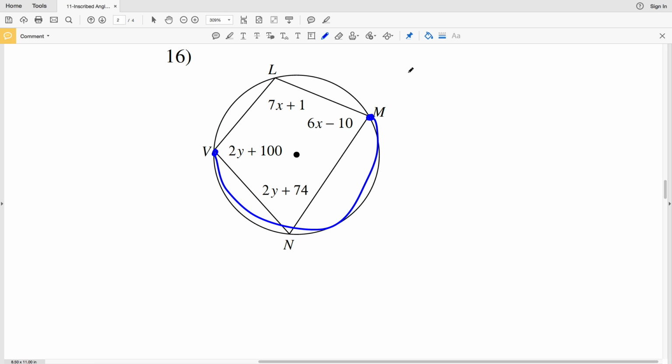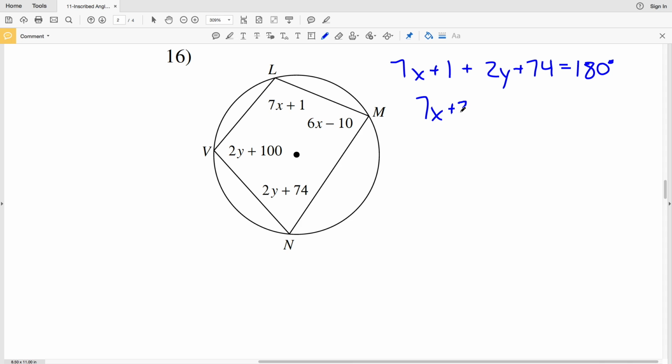So 7x plus 1, that angle VLM, plus 2y plus 74, VNM, will equal 180 degrees. So now I'll simplify. Combining my like terms, 1 and 74, I'll get 7x plus 2y plus 75 equal to 180 degrees.